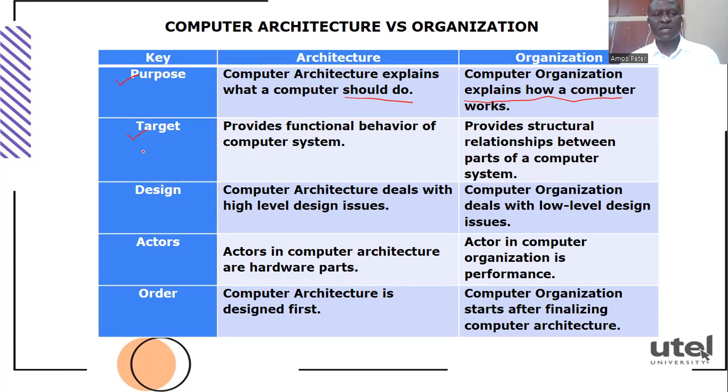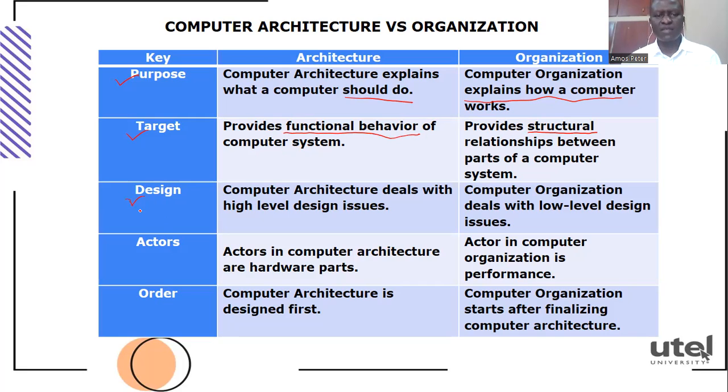Now, in terms of target, computer architecture tends to provide the functional behavior of a computer system, while computer organization is much more concerned about the structure and the arrangements, while architecture is much more concerned about the functional behavior.